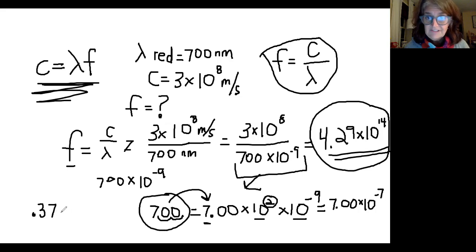If I give you this number, 37, that's not in scientific notation. Let me add a couple digits behind it. That's not in scientific notation. To get it into scientific notation, I know that I have to put the 3 in front of the decimal place. But where the 3 really belongs is behind the decimal place. So where do I need to go?